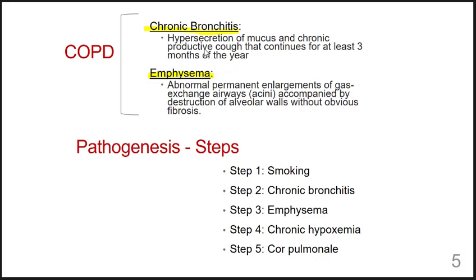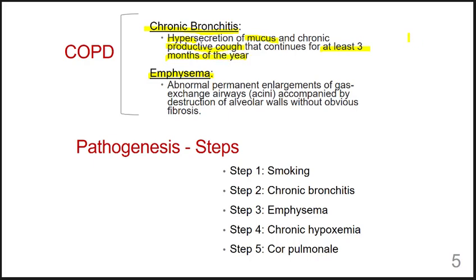So let's have a look at the definition of chronic bronchitis and emphysema. Chronic bronchitis is hypersecretion, so too much secretion of mucus, producing this productive cough, meaning that you're actually producing something when you cough as opposed to a dry cough, that continues for at least 3 months of the year.